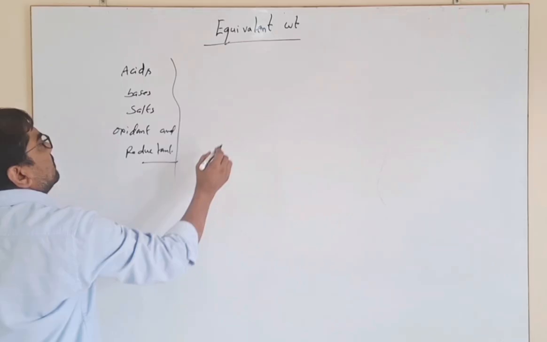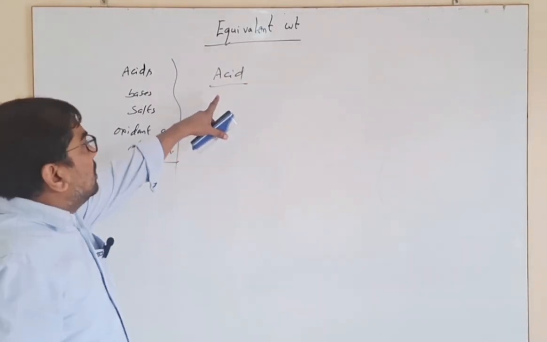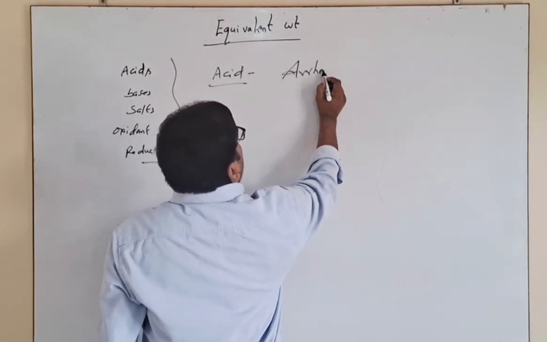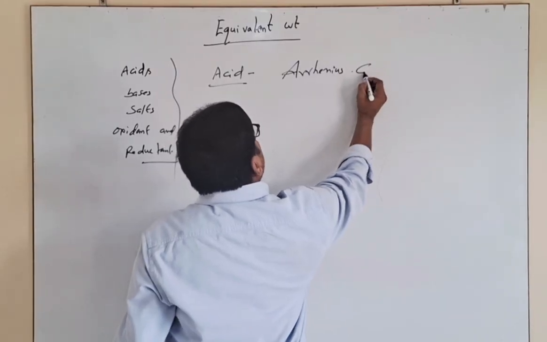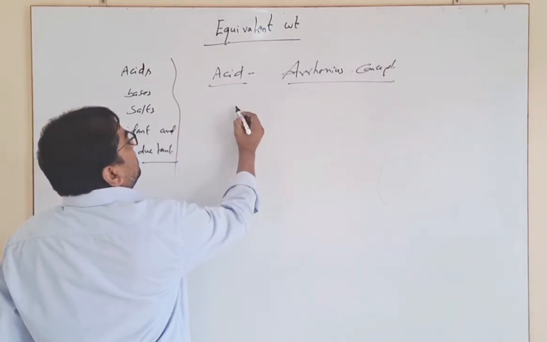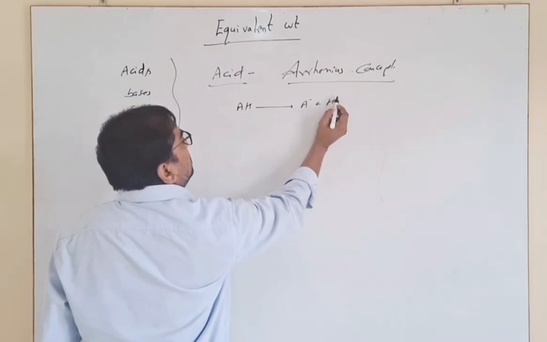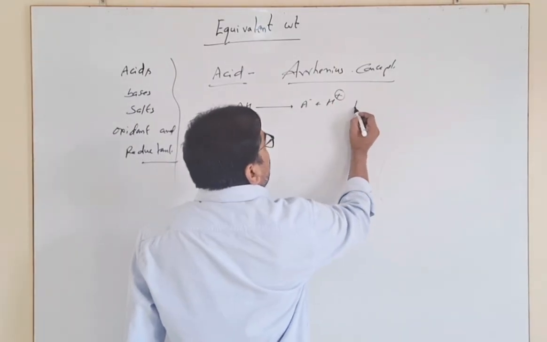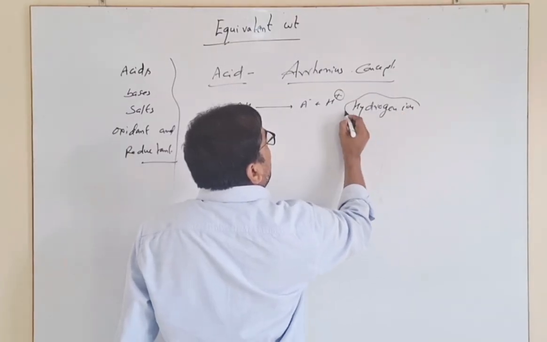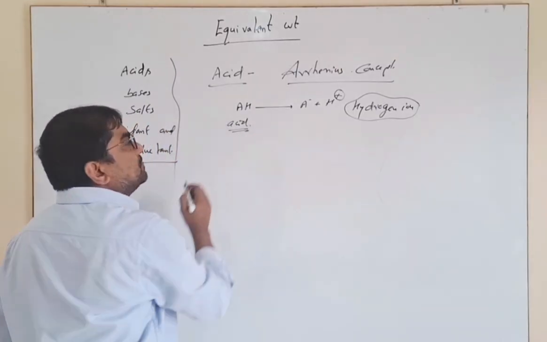So first of all, we will discuss the equivalent weight of acids. What is an acid? As per Arrhenius' concept of acids and bases, those compounds that have a tendency to release H plus, hydrogen ion, in their solution behave as acids.